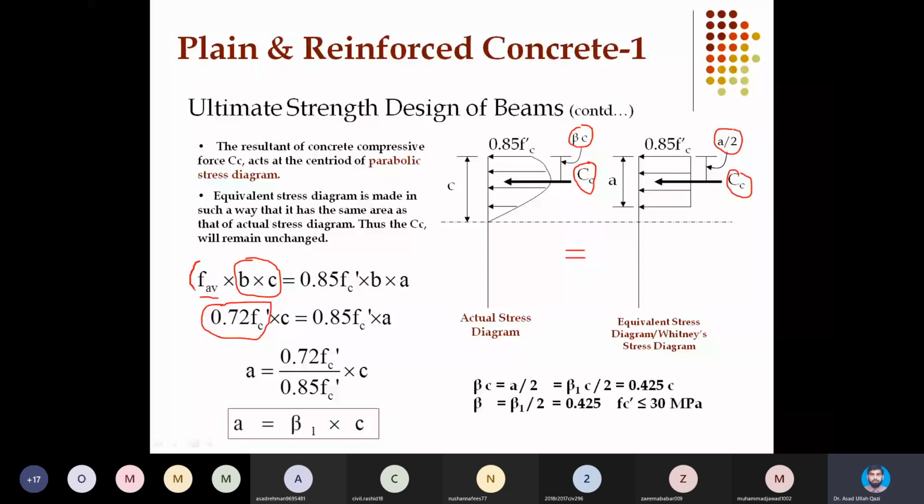The actual condition is that I got the area under the curve, and although I converted it to f average, it is actual because I calculated that area under the curve exactly and divided by the abscissa to get the ordinate, and this average stress I multiply with the actual area on which that average stress will be present.